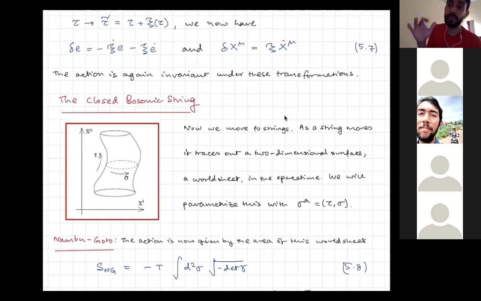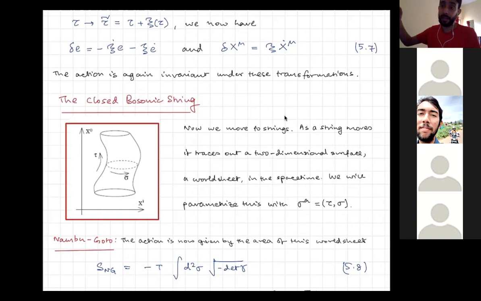As a string moves in space-time, remember a point particle swept out a line. If it's a string, it is going to sweep out something which is a two-dimensional surface, and we'll call this a world sheet.